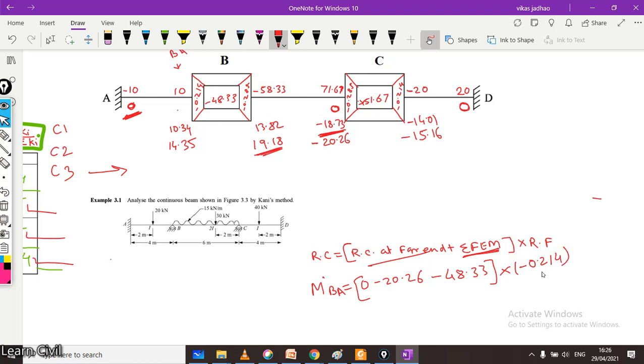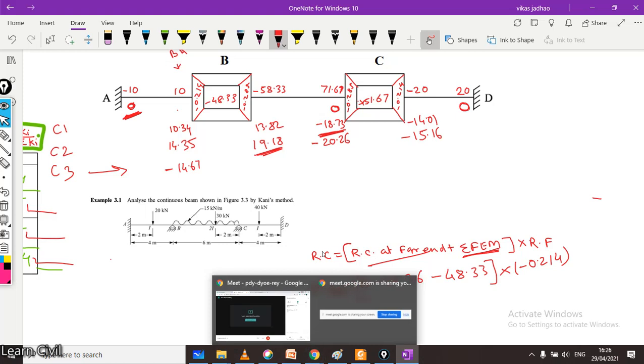So this is equal to minus 20.26 minus 48.33, multiply this with minus 0.214. So this will be equal to minus 14.67. So here write down minus 14.67.